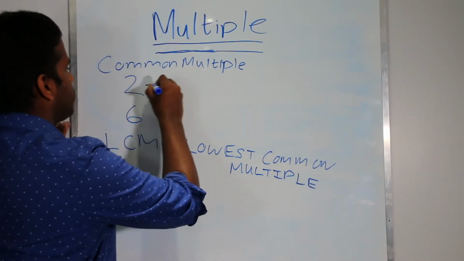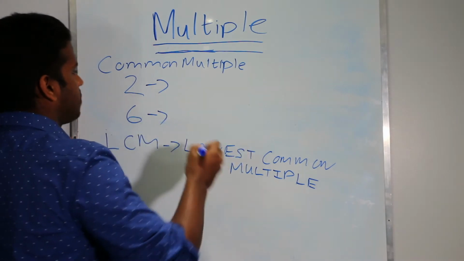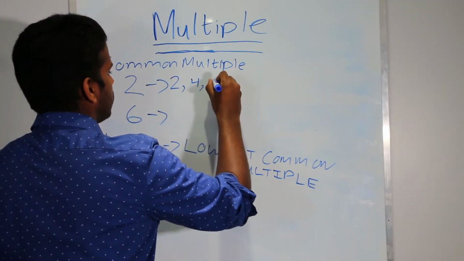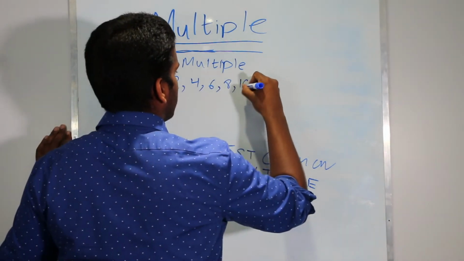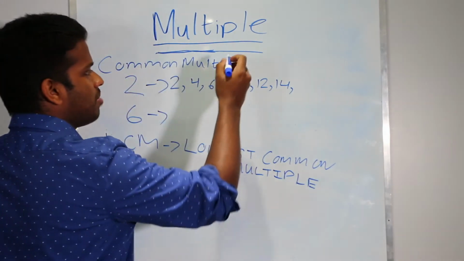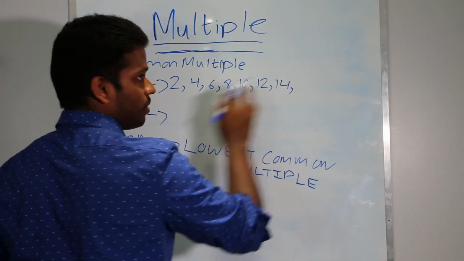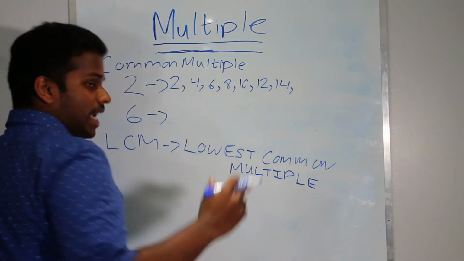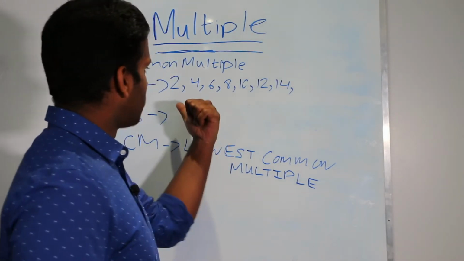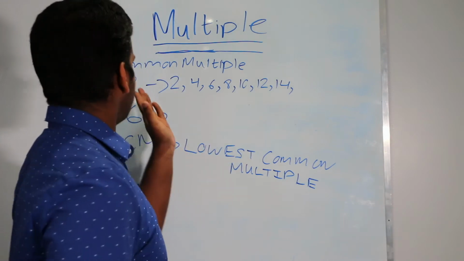We list the multiples: 2, 4, 6, 8, 10, 12, 14. Basically 2 times each of the positive integers. We're just going to look at positives for now, because in fractions you're not going to have a negative fraction.